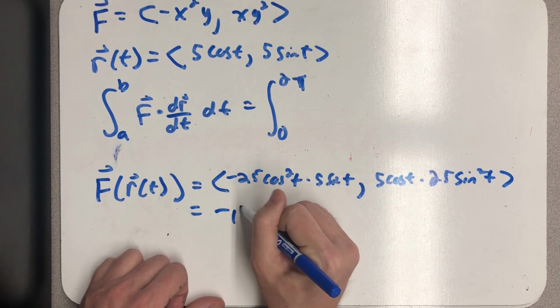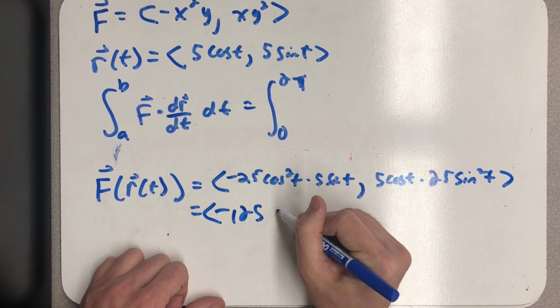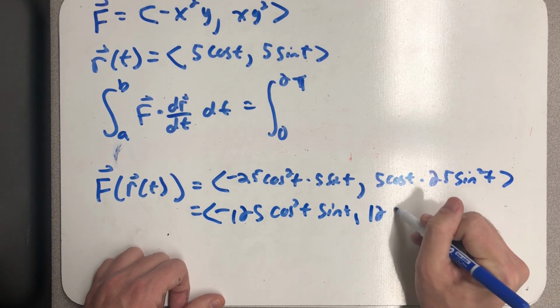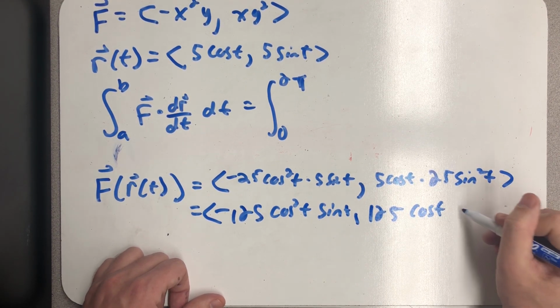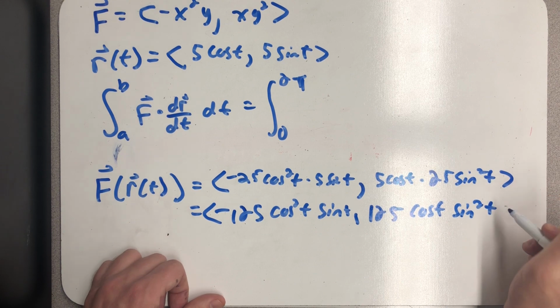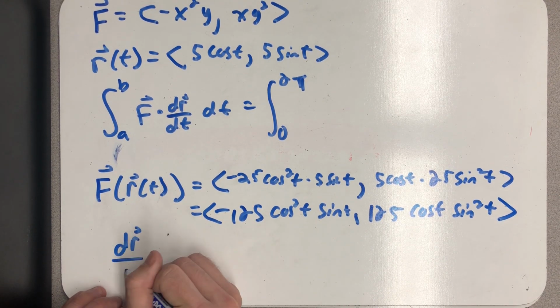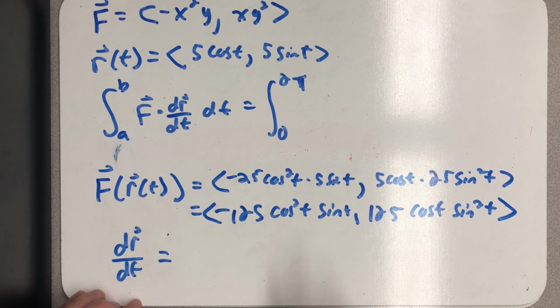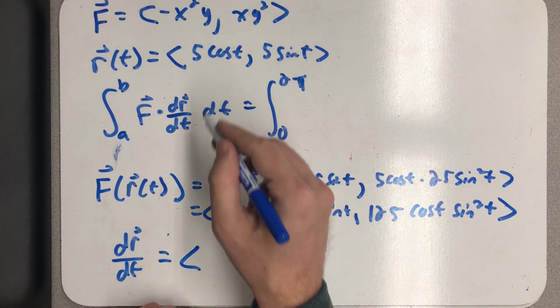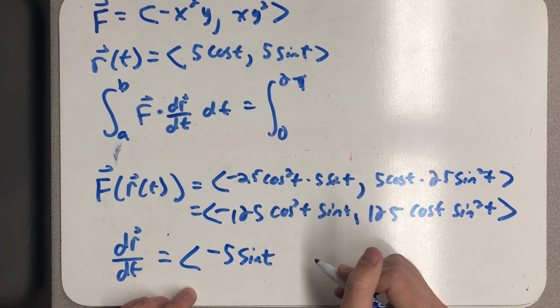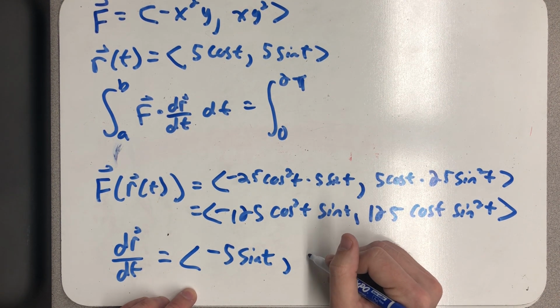So minus 125 cosine squared t sine t, comma 125 cosine t sine squared t. All right, we also need to know dr/dt. That's going to be minus 5 sine t, and then 5 cosine t.